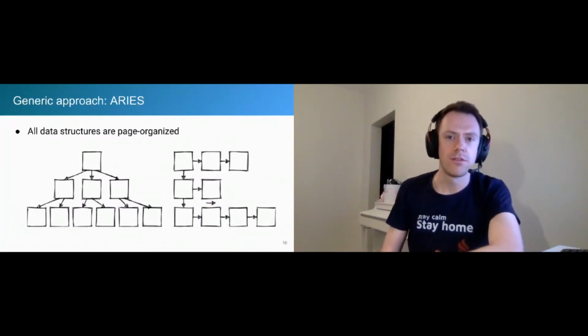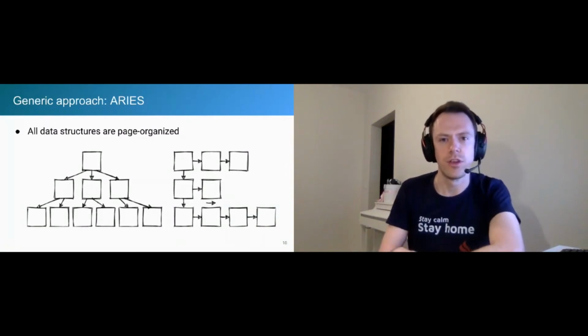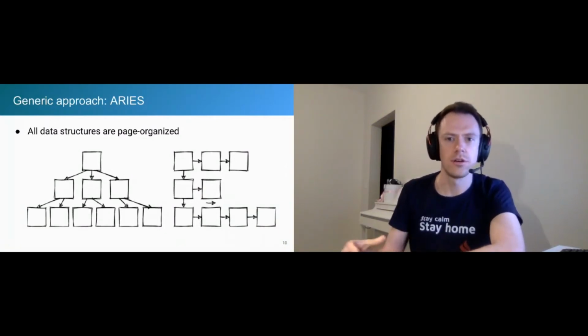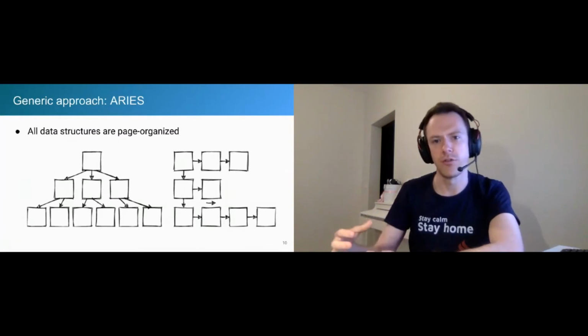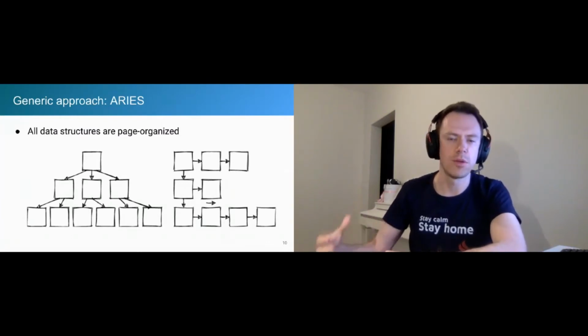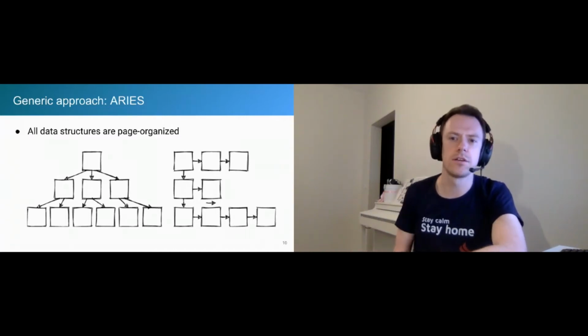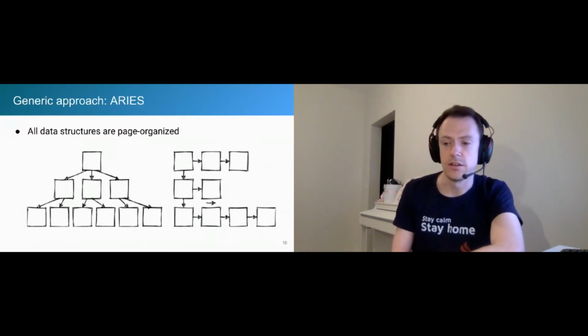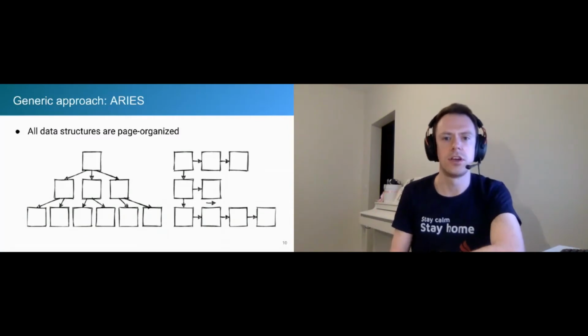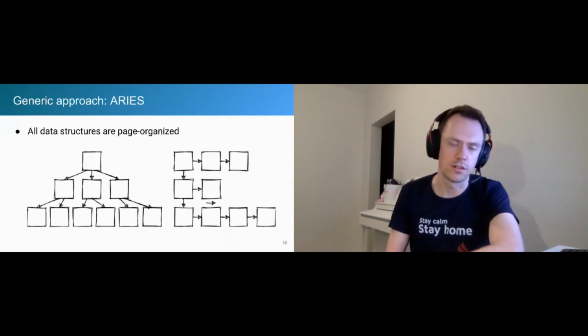So now that we have a foundation for the ARIES architecture, we have pages, we have page buffers, and we have mechanics that allow us to access an arbitrary page, we may start to build data structures. In order to make a data structure persistent, it also needs to be page organized.